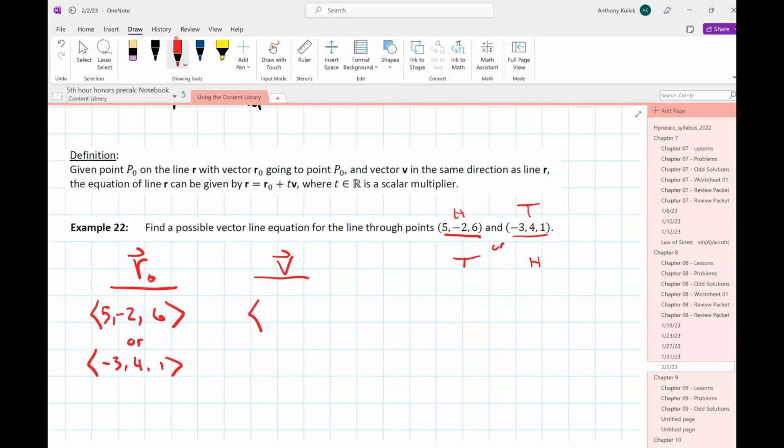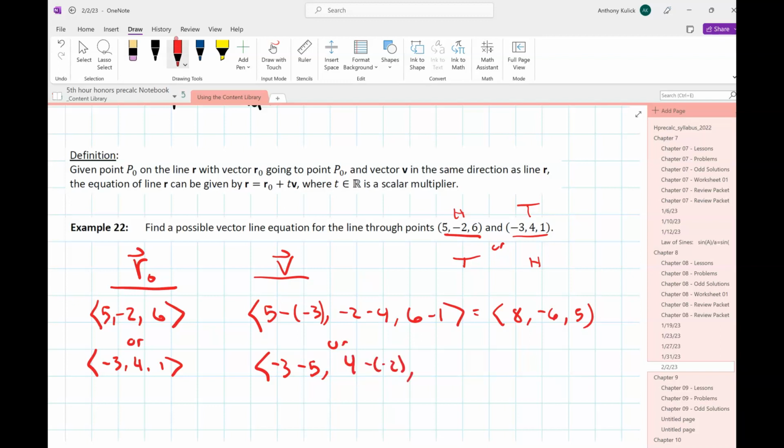Now you have a vector with the same direction as the line that's passing through those 2 points. So you would say 5 minus -3, -2 minus 4, 6 minus 1, so 8, -6, 5. Or you could have written it the other way, -3 minus 5, 4 minus -2, and then 1 minus 6.